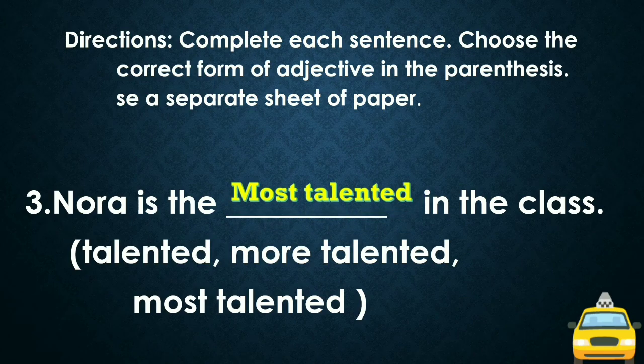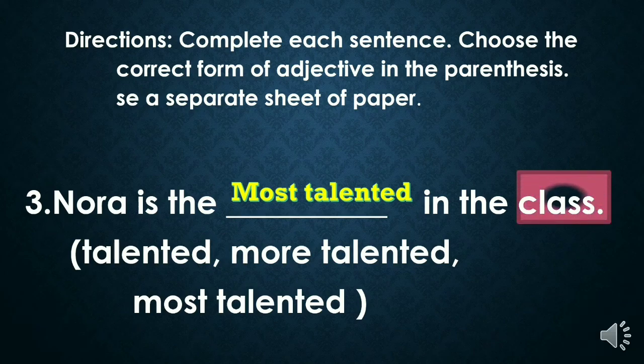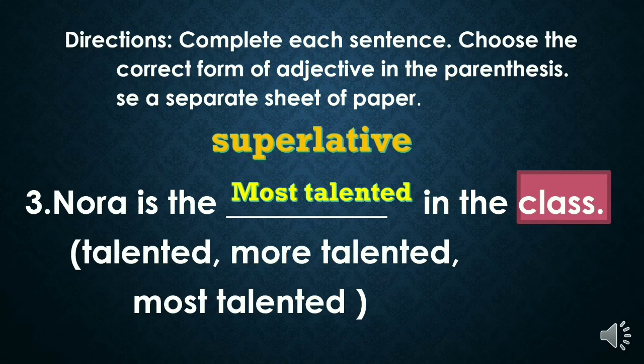What's the correct answer to number 3? Talented. Why? Because of the word class, meaning many. So Nora is compared to the class, so it is superlative. Did you get it, children? It is very easy to understand.